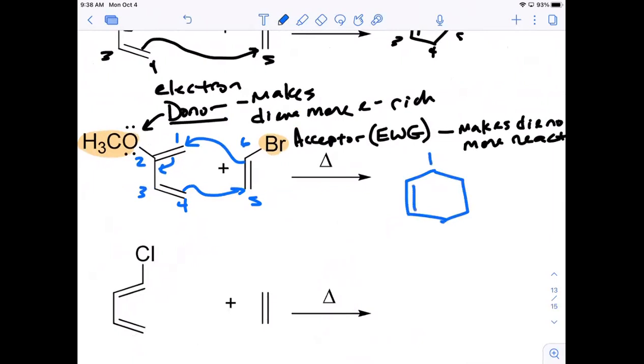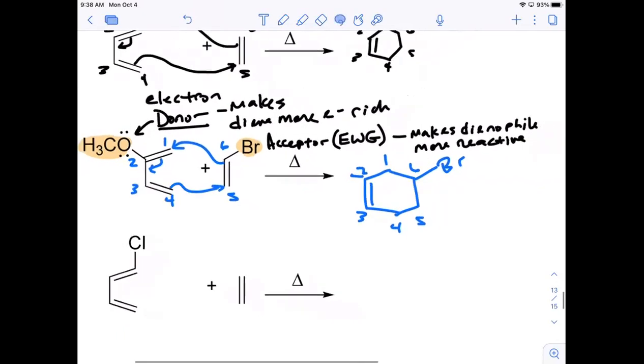The numbers are still intact: 1, 2, 3, 4, 5, and 6. And then on 6, we have a bromine, and on 2, we have a methoxy group. I'm going to have to move that over some.